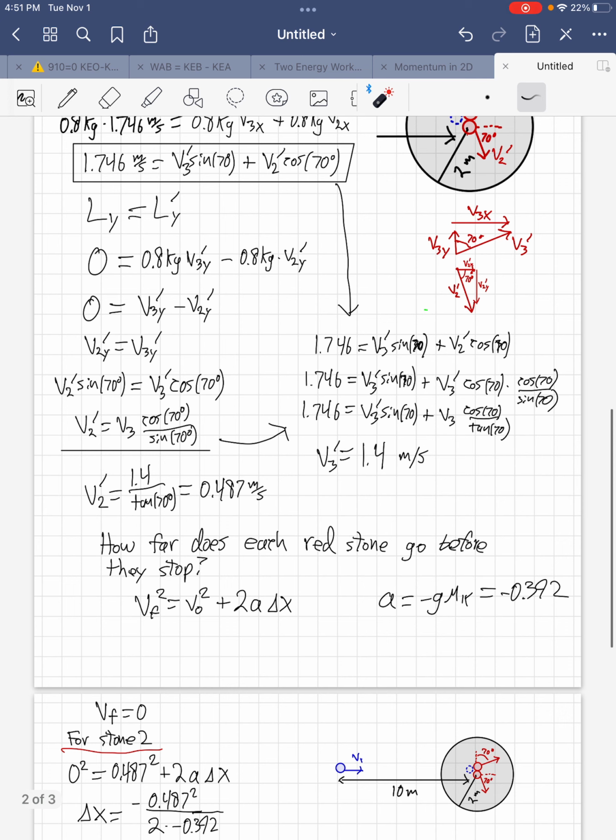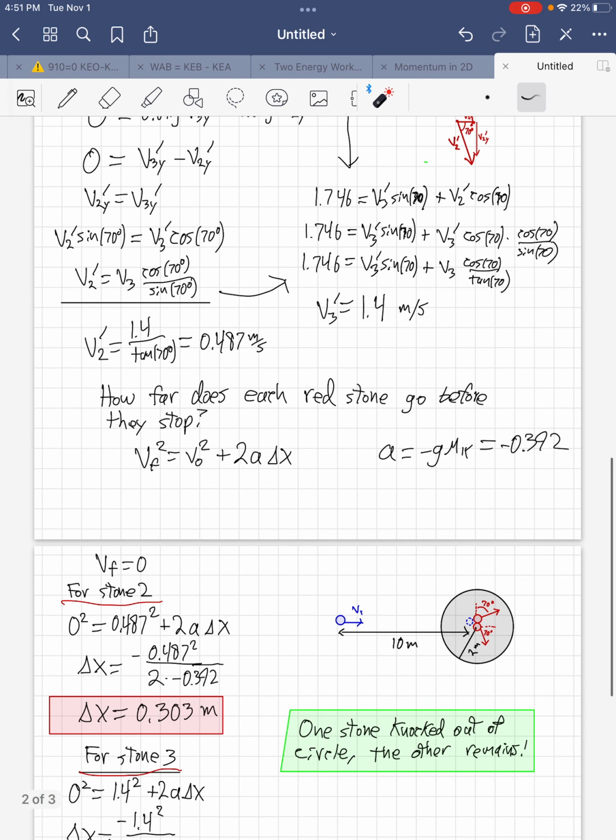But then what we really want to know is how far does each red stone go before it stops? So we can go back to the kinematic equation that we did in the beginning for the blue stone. After it stops, the final velocity of the stone is going to be 0, and we can plug in the velocity just after the collision as our initial velocity.